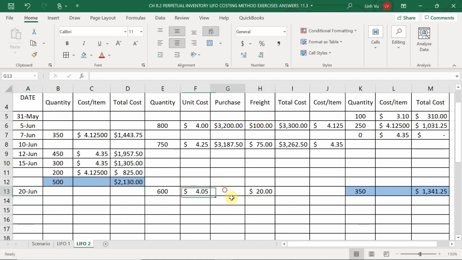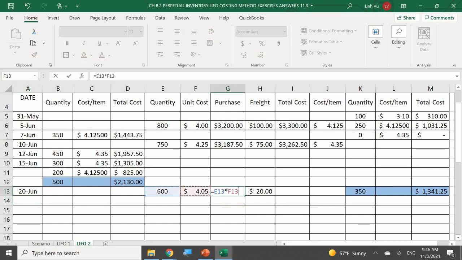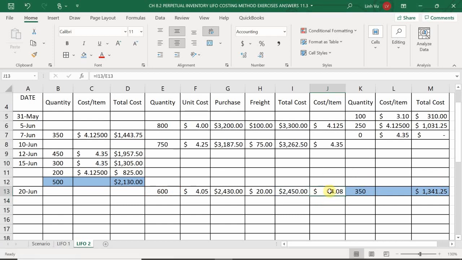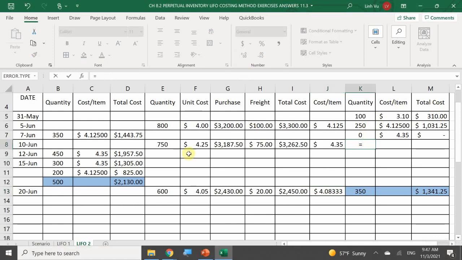So what is my purchase price here? $2430 plus $20, $2450, bringing my cost per item to be $4.083333. Okay. So again, I'm going to drop this into my inventory on hand.